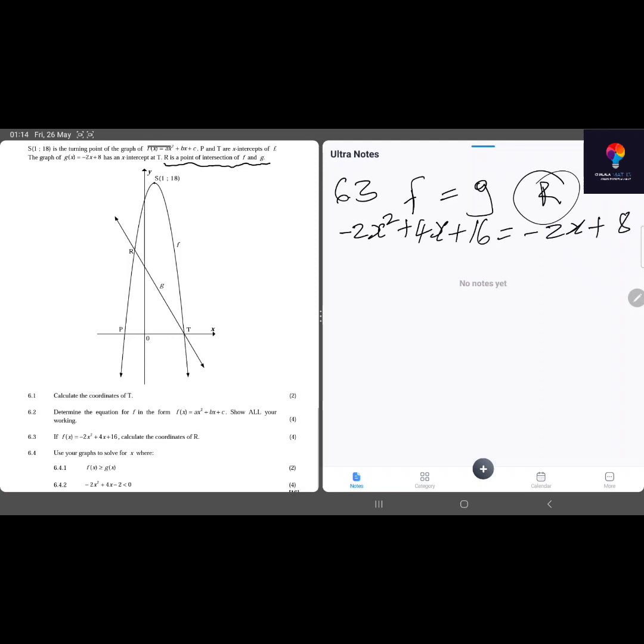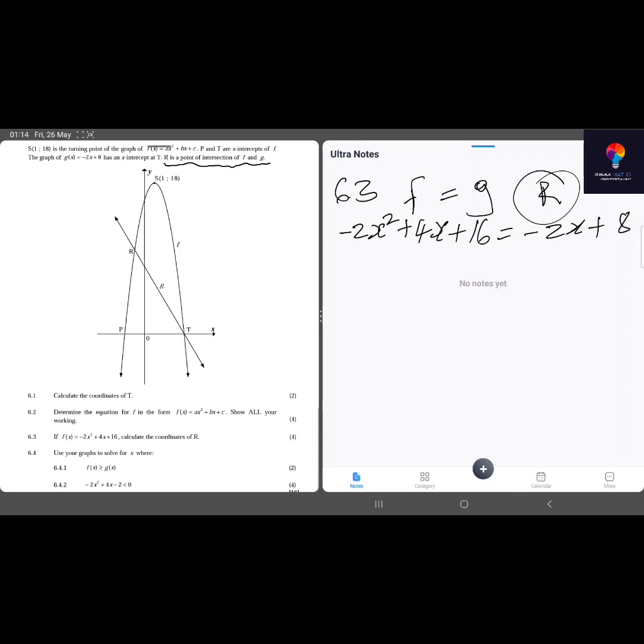The coordinates that we're going to get for this point R are going to be shared by both graphs, so they are exactly the same.